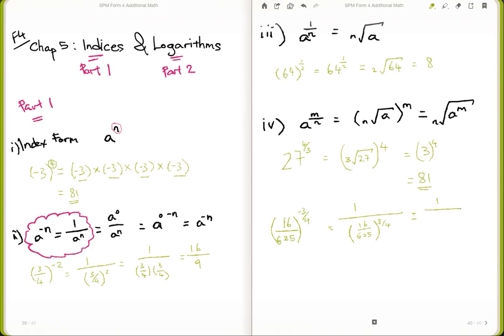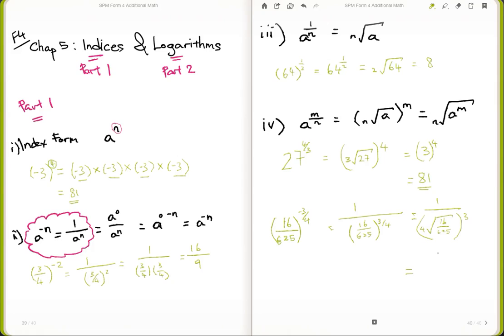1 over here, I would say I want to take the fourth root of 16 over 625. Then only I raise it to the power of 3.